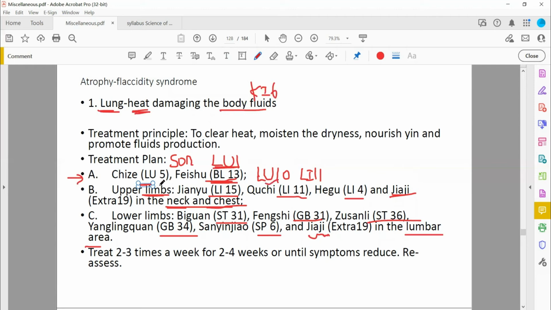And for damaging body fluid, you can use kidney 6. You don't have to use all of these points. Just choose several. For this one, just choose LU5 and BL13, for the lung heat.